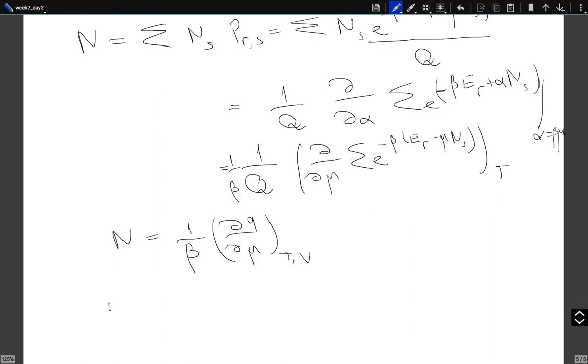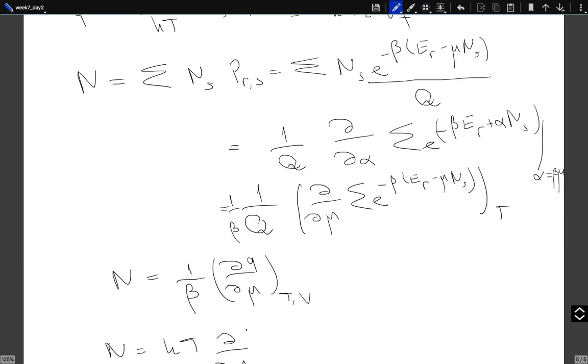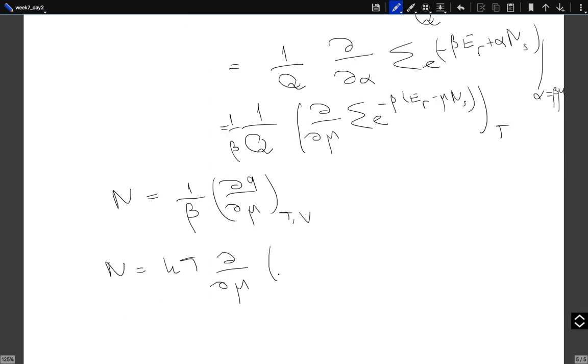Well, N is kT times the derivative with respect to mu of Q. Well, Q we had already evaluated, minus kT z V F, the volume times F at constant temperature and volume.